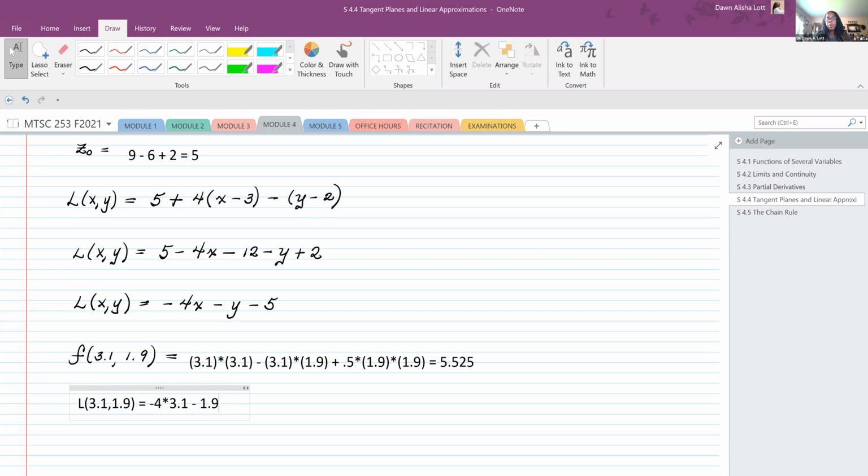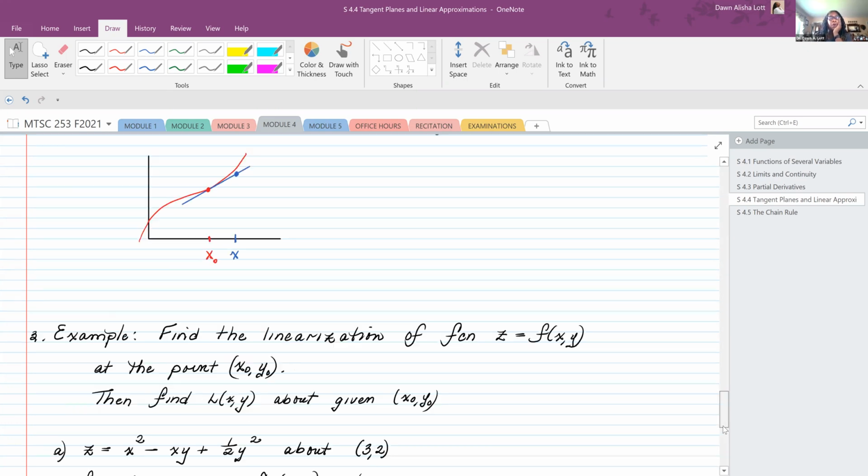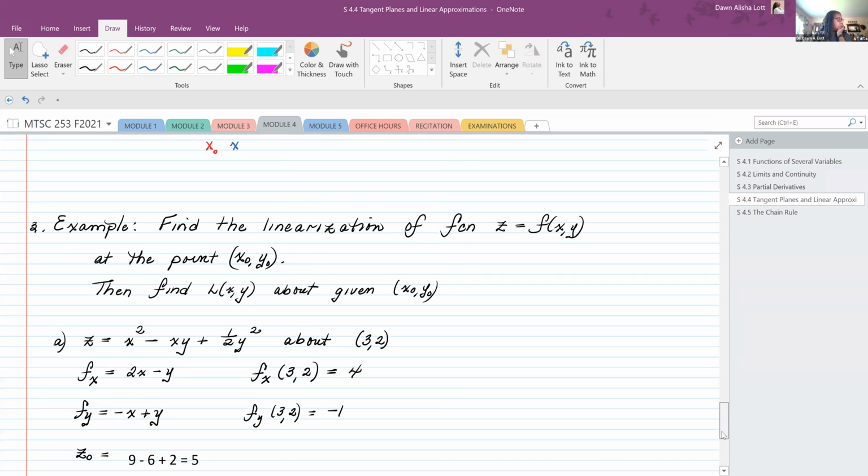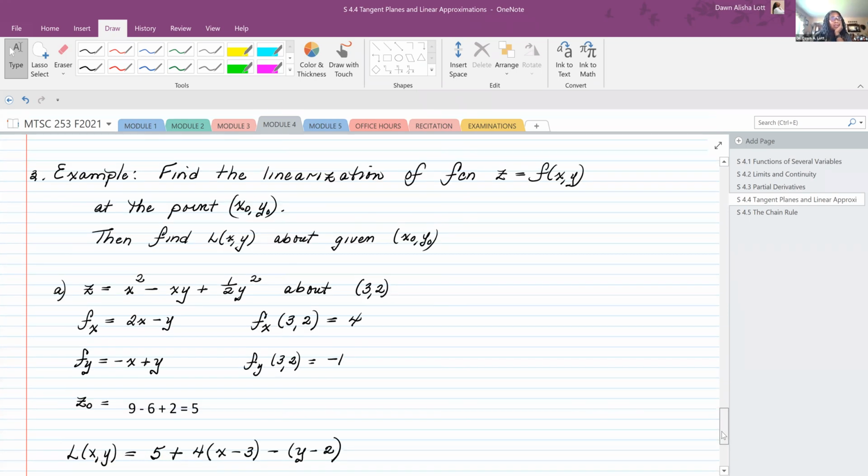I don't think this is going to be right. Plus 5. I'm going to say they don't look nothing like they're supposed to. Something is wrong. What did we do wrong? The function was x squared minus xy plus 1/2 y squared. Okay, so we did something hideously wrong. I just got to figure out what it is.